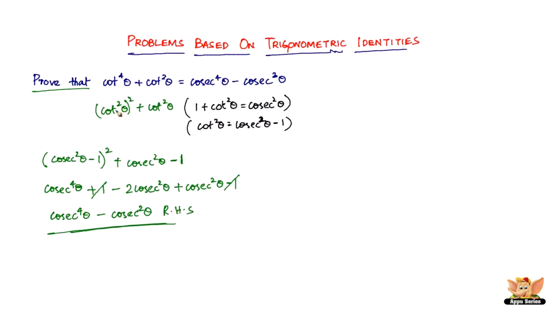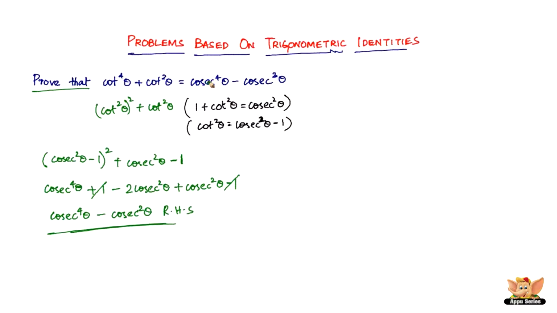So we've got it. We started off from cot to the power 4 theta plus cot square theta and made it squares. Now, time to remember an important identity here: 1 plus cot square theta equals cosecant square theta. Why do we have to remember this identity? Because you see what is involved in the problem: a cot and a cosecant.